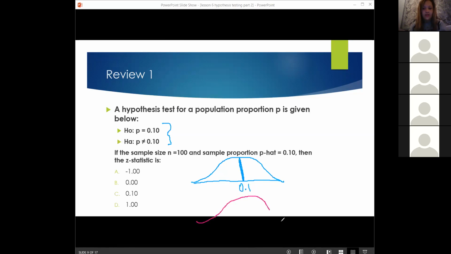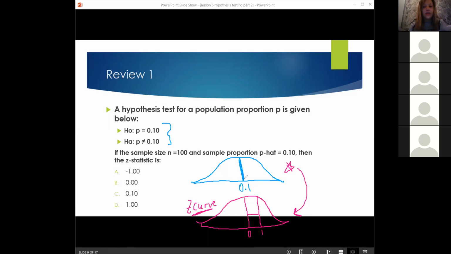So in this case, this will be our z-curve. And remember, our mean is going to be 0, and our standard deviation is going to be 1. So we want to take this curve, standardize it, and fit it onto this curve. We're trying to find where 0.1 fits into this z-curve down here.